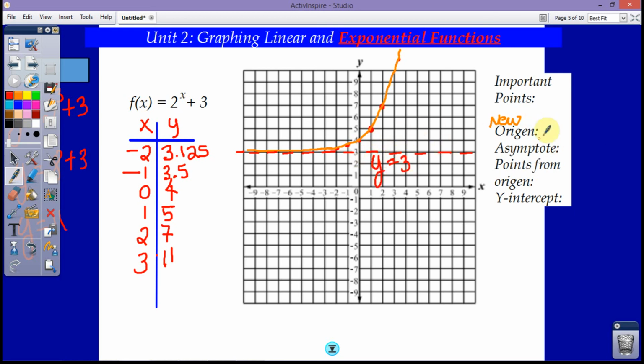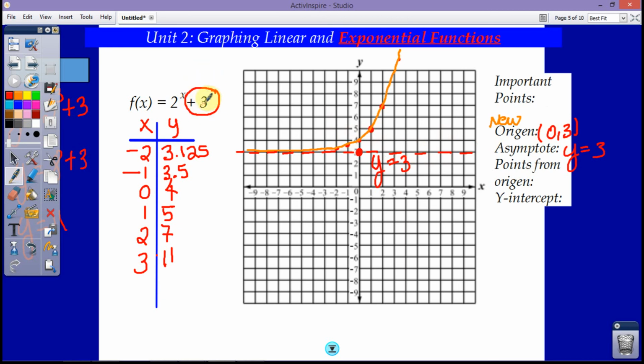Sorry, I'm wrong, this is the asymptote, y equals 3. The new origin will be right here at 0, 3. The origin and the asymptote are together. And just look over here, plus 3.